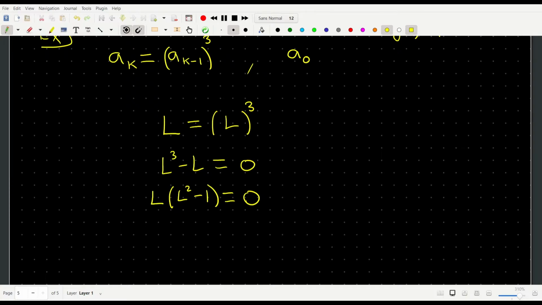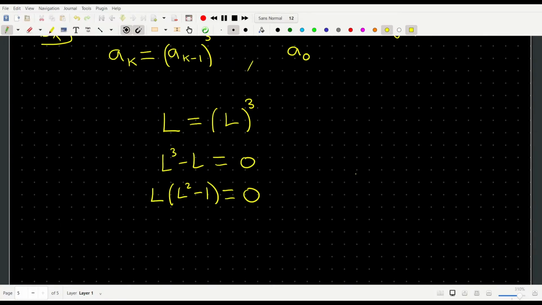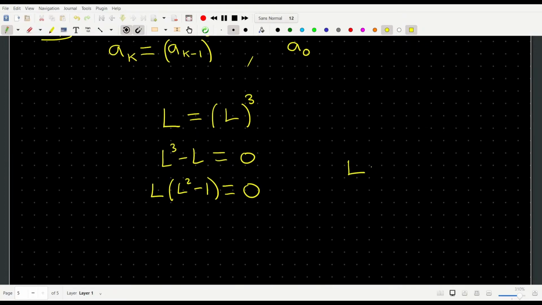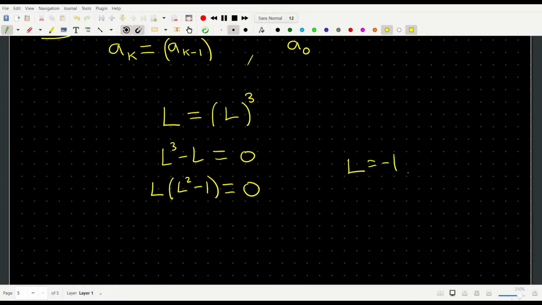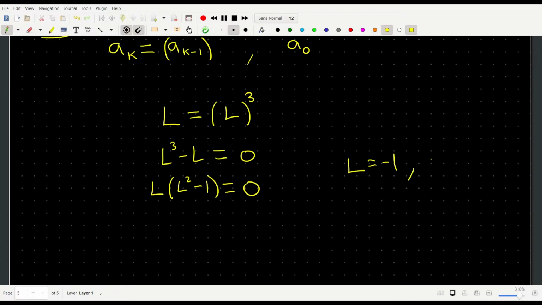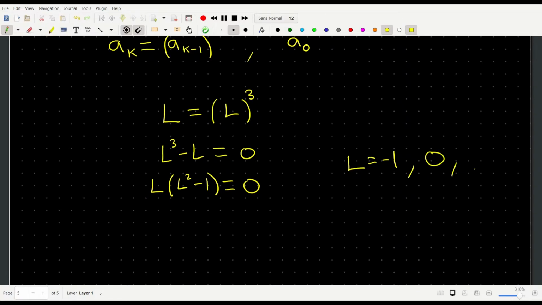And this algebraic equation has 3 separate solutions: L is equal to -1, L is equal to 0, and L is equal to 1.